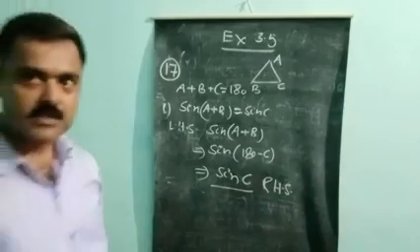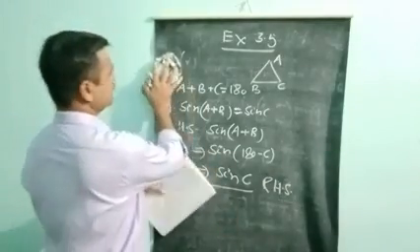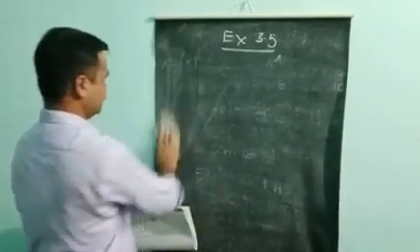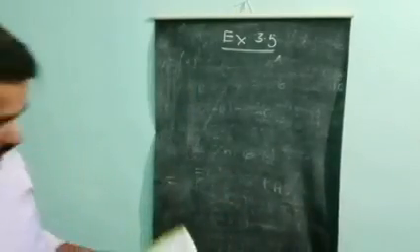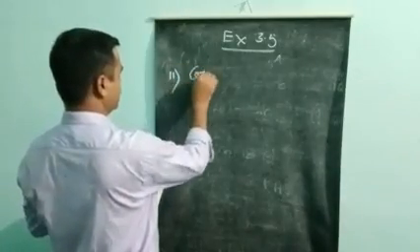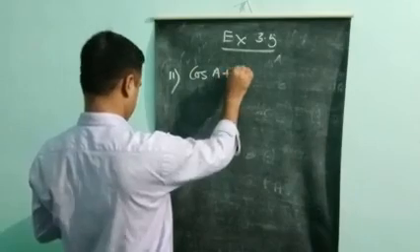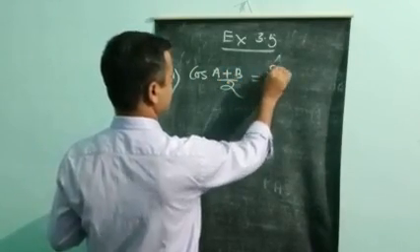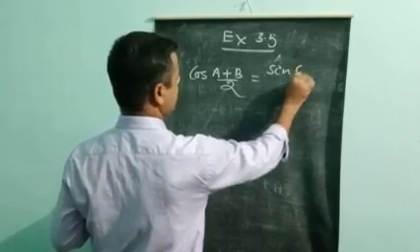Now come to the second part. Look, in the second part it is saying cos of (A plus B) divided by 2 equals sin C by 2.